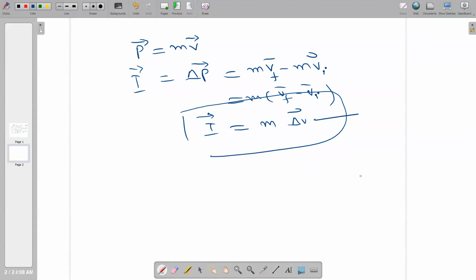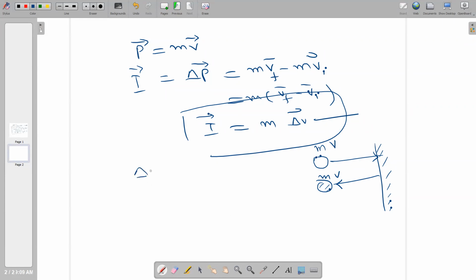Let's see, I'm giving you one example to clarify this. If we have this wall and a ball having mass m and velocity v is striking in this direction and then comes back here, with the same velocity and mass, what will be the change in momentum? This is important.